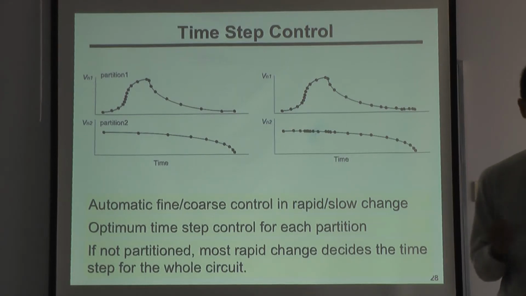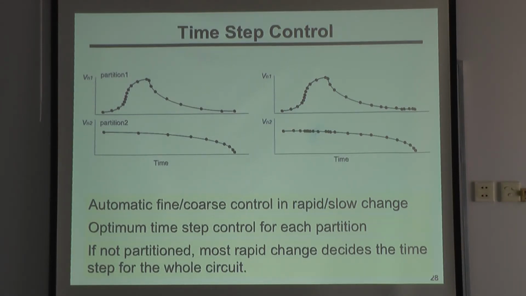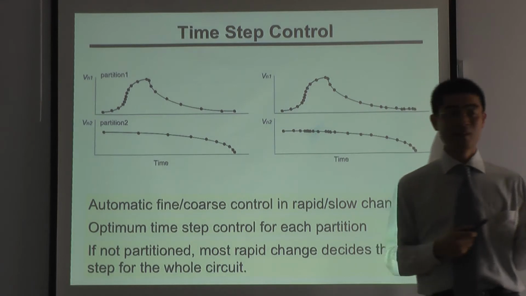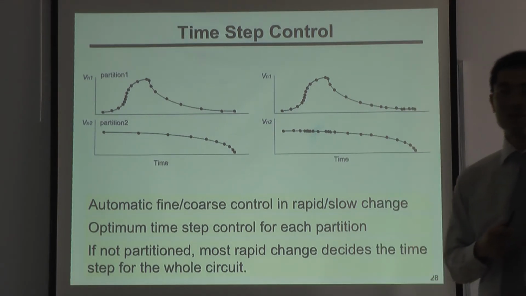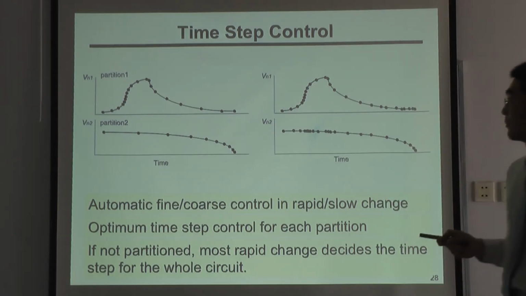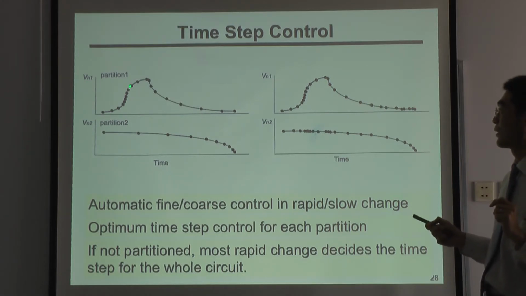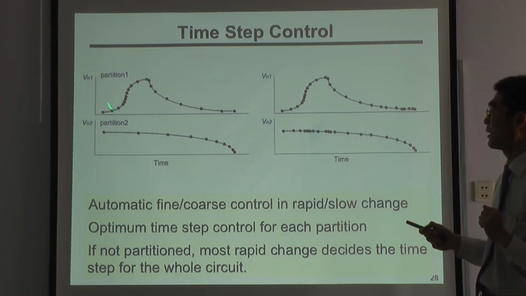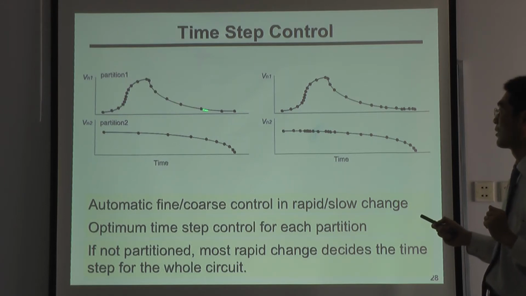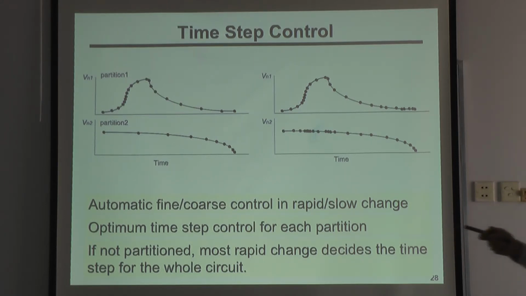And for time step control, once we have partitions, time steps are also partitioned. So in partition 1, for example, if we have this kind of waveform, we want a smaller time step at this point, and we don't want a smaller time step like here. So once we have partitions, partition 1 can have this kind of time step, and partition 2 can have this kind of time step.